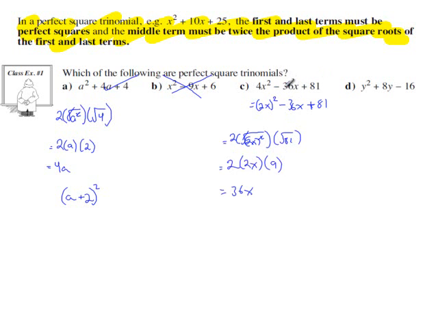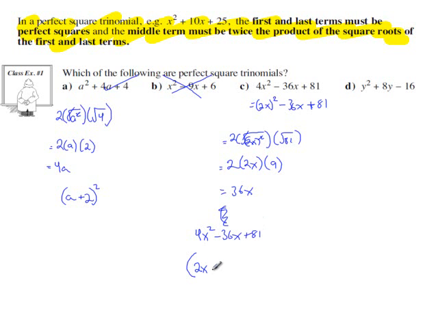The fact that the middle term is negative means that you must have had a negative times a negative to get the last term as a positive number. So that means that your 4x squared minus 36x plus 81, if I factored that, I know the square root of 4x squared is just 2x.